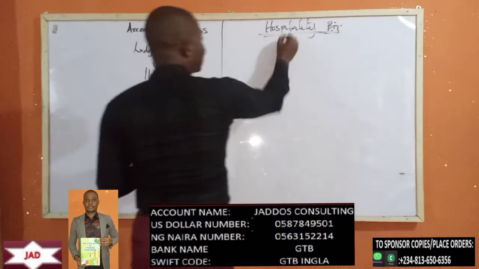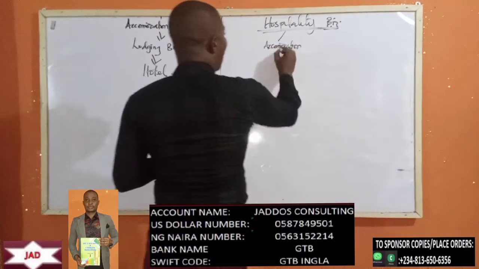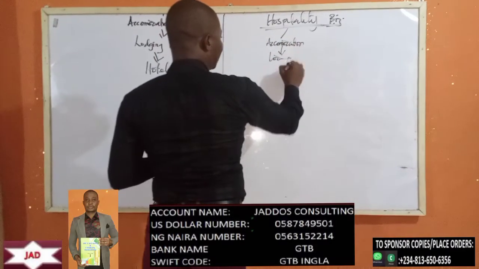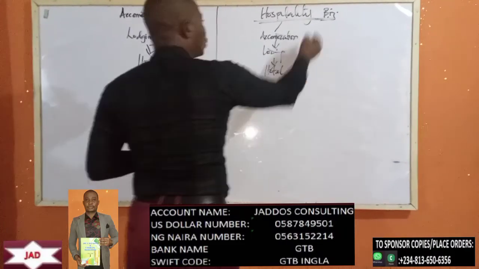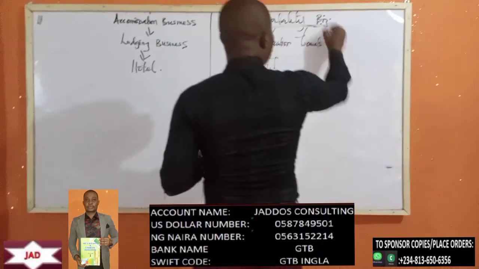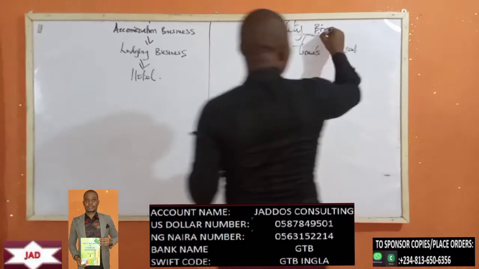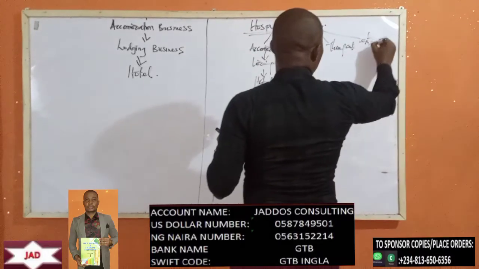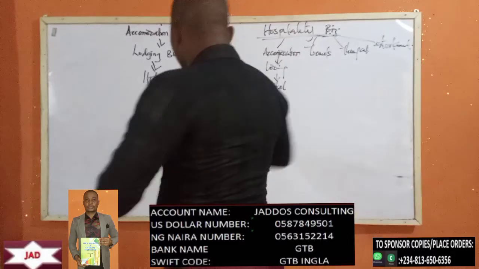You can be looking at accommodation, or what we call lodging, or what we simply call hotel. You can also be looking at travels, you can look at what they call theme parks. Even sometimes we have some form of entertainment. You go to some hotels, they include that in their service list. So it goes on and on.